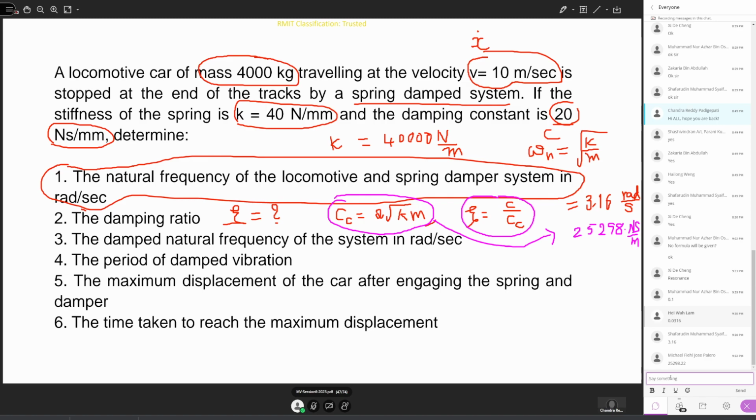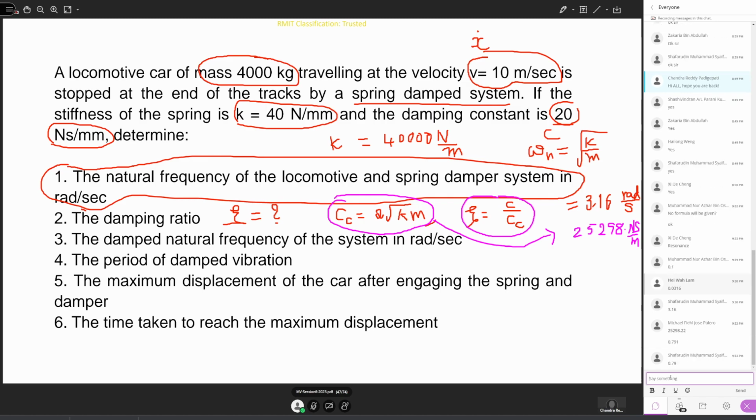So what about the damping ratio? You know the C value. That's right, 0.791 or 79, both are okay. You need to be careful because here the unit is given Newton second per mm.